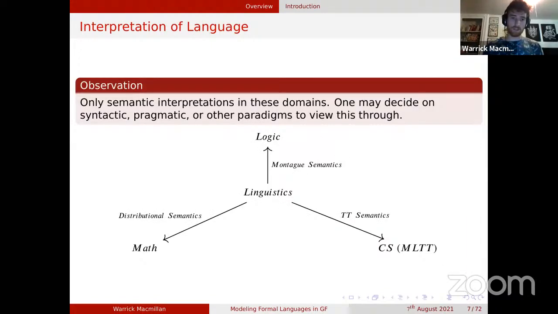So let's now take a step back and ask a kind of meta question: how does linguistics relate to this Trinitarian doctrine?